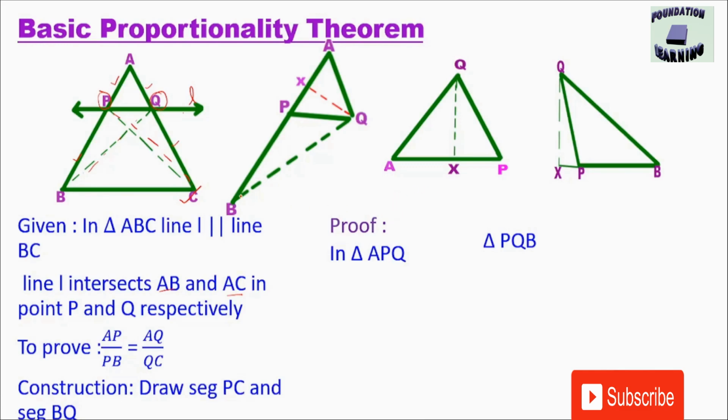The first triangle, we are going to take the left side, which I have drawn here, and since it is slanted, I have taken it straight. It becomes easier if you draw your diagram straight.